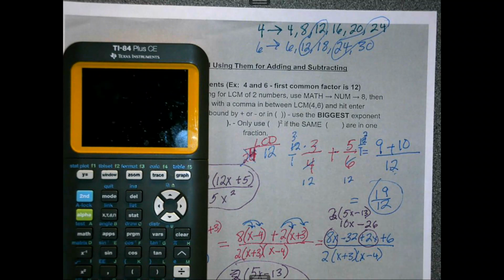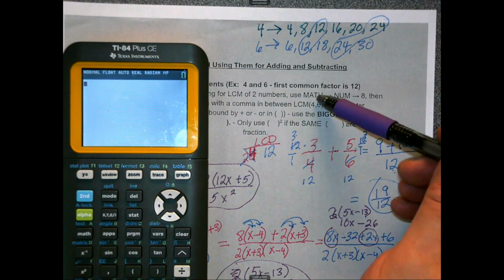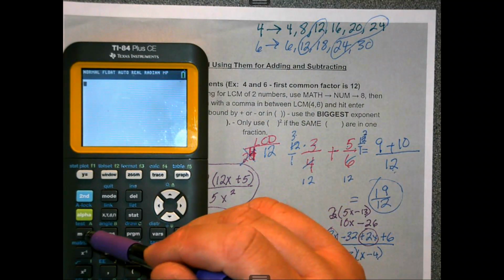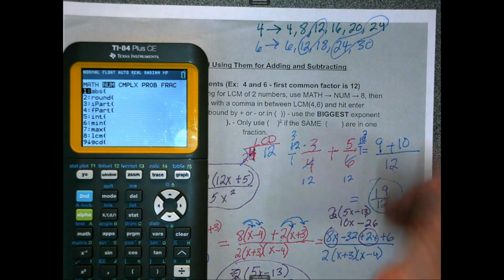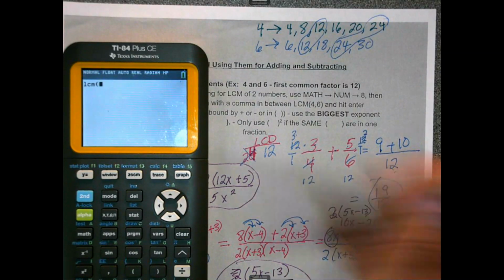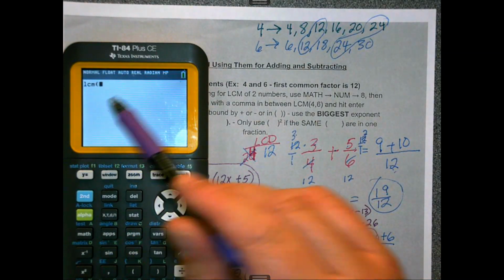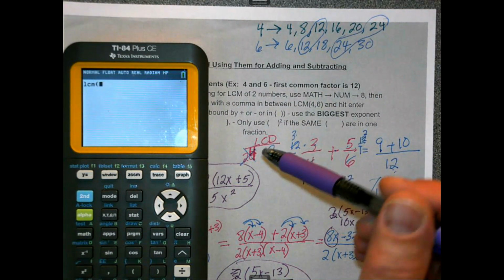Okay, this is how you do it on your calculator. I'm going to hit the math key. It says hit the math key. Go over to num, and then use the number 8, and see how you get a little LCM on there. Isn't that cool? Aren't you guys excited?